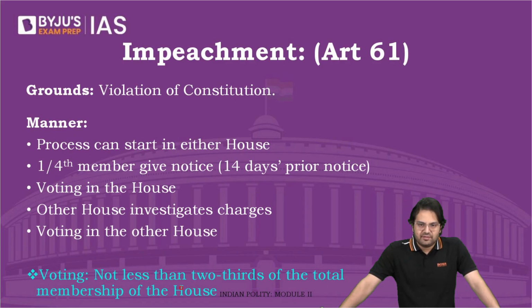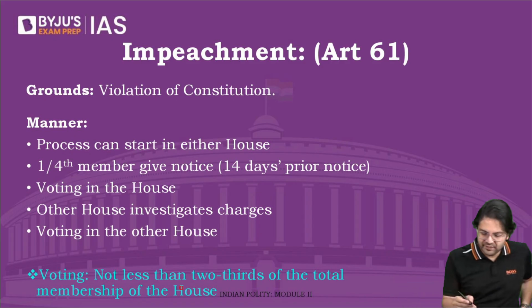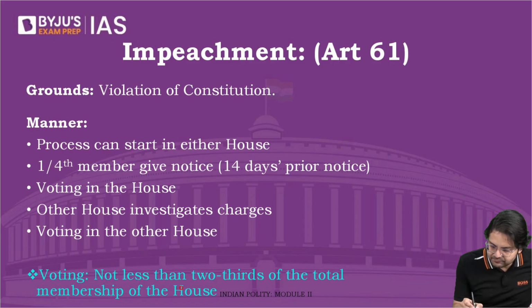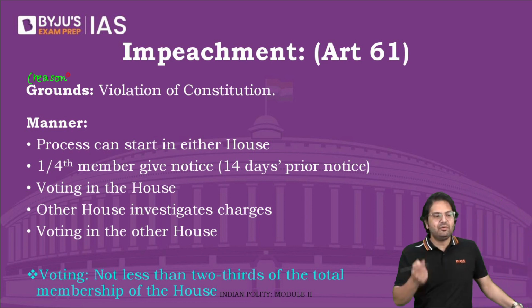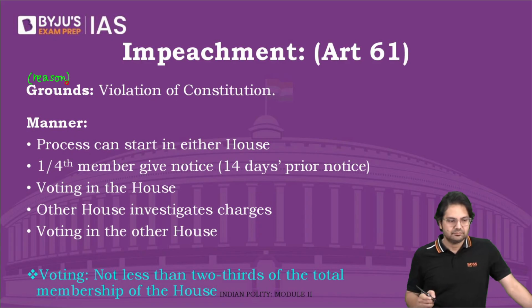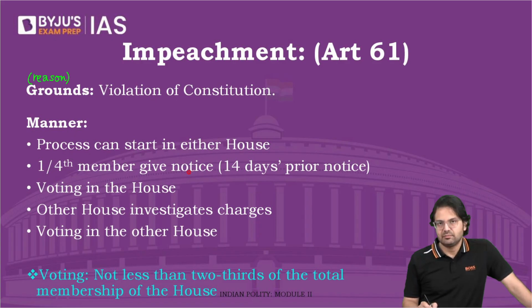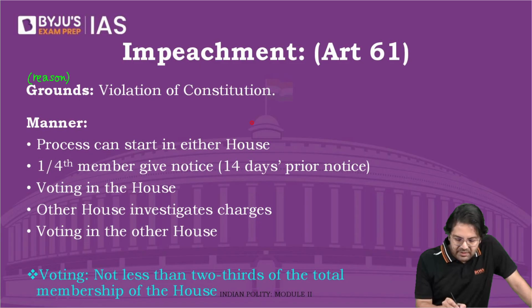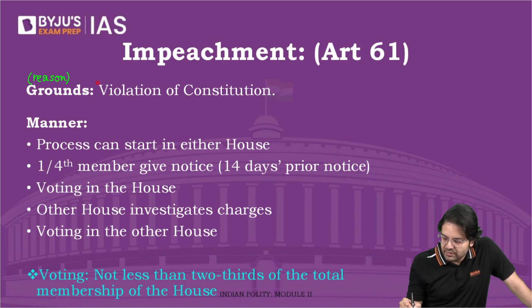So there are two things. Number one, ground, meaning reason. Why do you want to remove the president? Firstly, reason. The reason in the constitution is violation of constitution. Now, what is the meaning of this? We don't know.